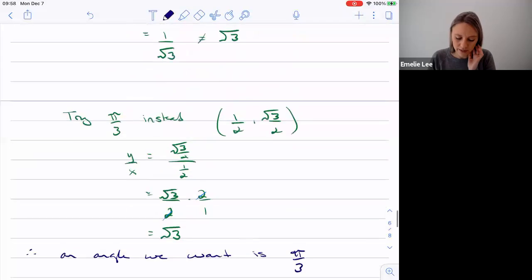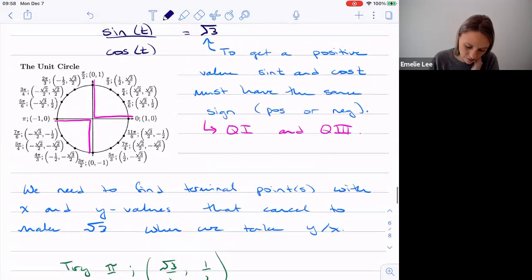Okay. But then if we also look at, hey, where did I put it? So here, pi over 3, that's one of the ones that we want, right? This one. And I'm also allowing for the negative versions of these, right? So now I need to look at negative 1/2 over negative root 3 over 2. So this is the other one that I want. So 4 pi over 3.